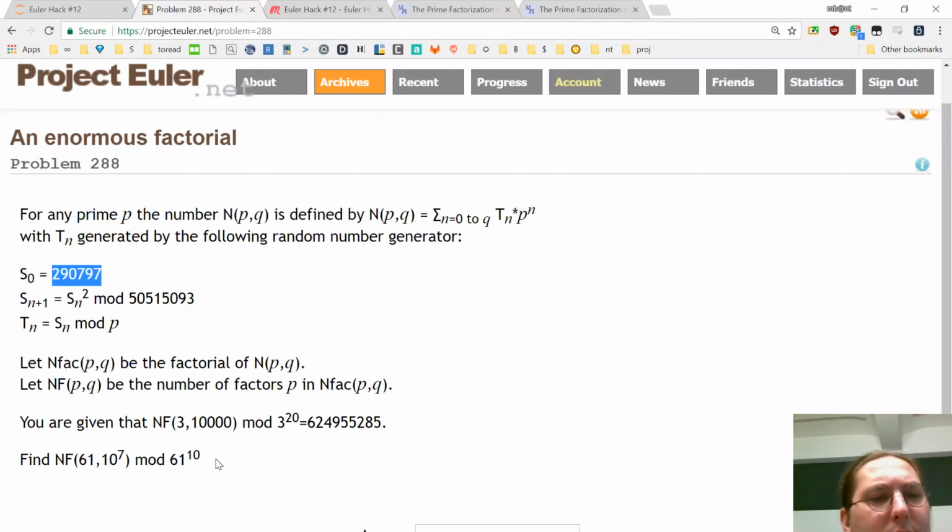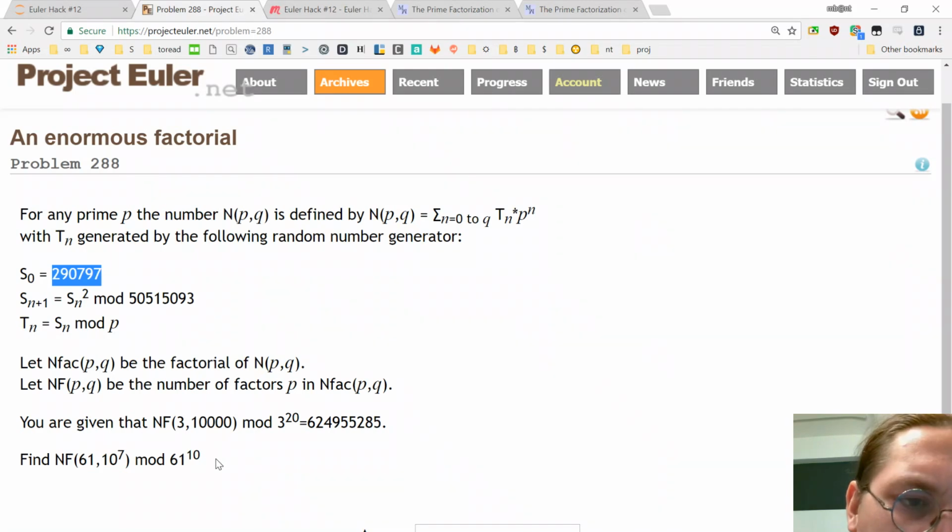That produces T, so Sn stays between 0 and 61, but the S stays under that 50 million thing.